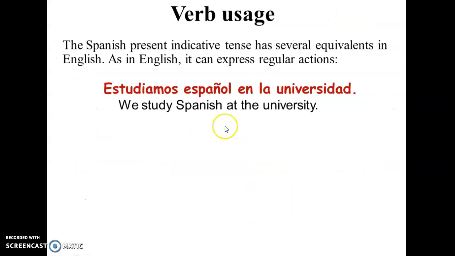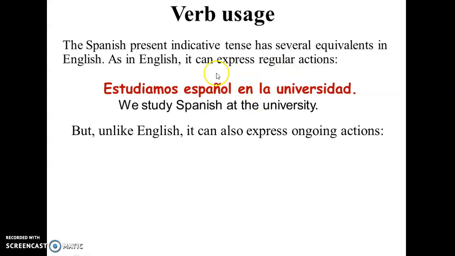So the verb usage. The Spanish present tense has several equivalents in English. In English, we can express these regular actions using just the present, and we both use it. Estudiamos español en la universidad, so we study Spanish at the university.